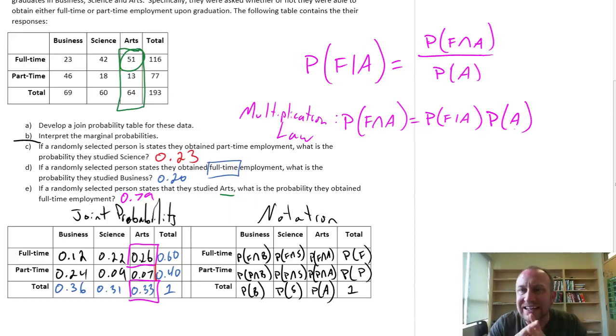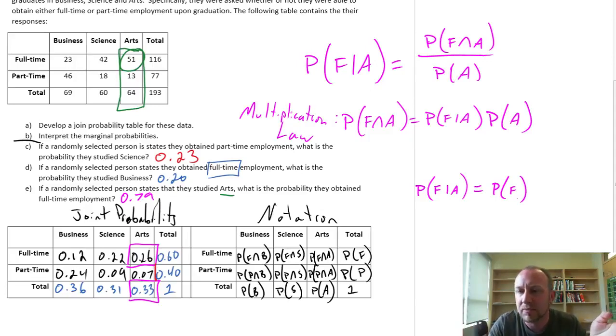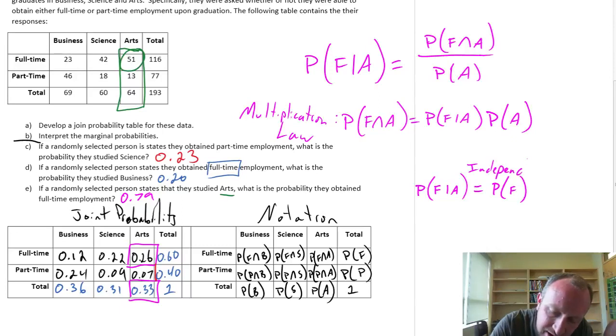Now, if these are independent events, meaning the probability of being full-time, given that you're in the arts, is not affected by whether or not you're in the arts, this is what it would mean if these were independent: the conditional probability is no different than the probability itself.